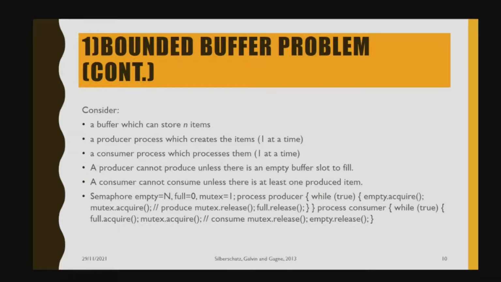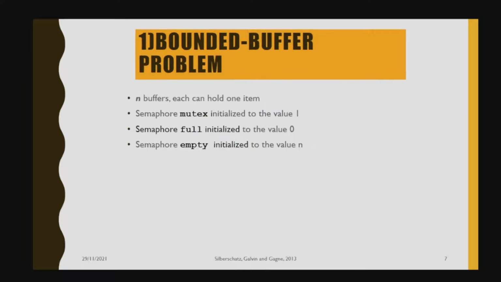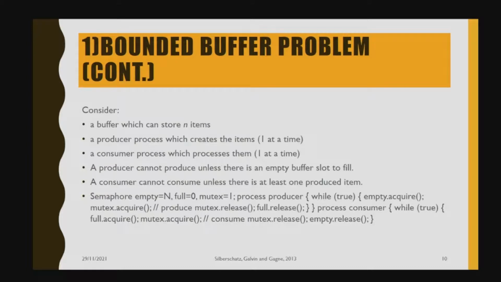In this bounded buffer, we need to consider a buffer which can store n items, because in the first part we talked about n buffers, each can hold one item. And a producer process which creates items one at a time, meaning at one time the producer will create one item, and a consumer process which processes the item produced by the producer, one at a time.